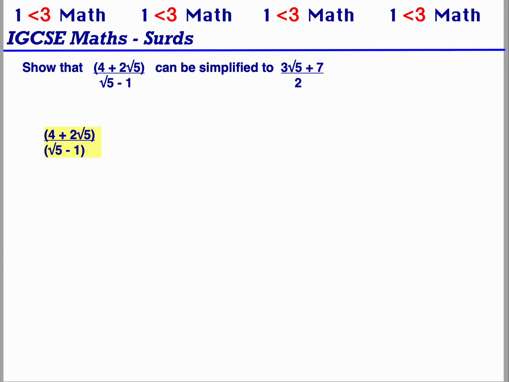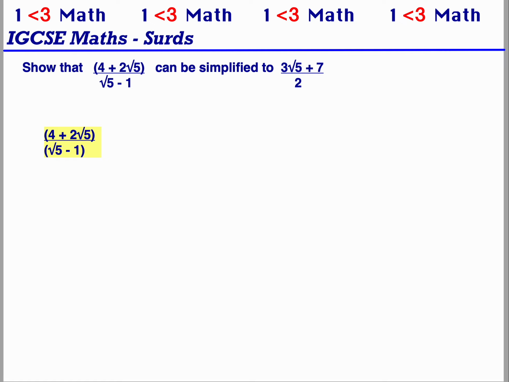Because it's root 5 minus 1, we need to multiply both top and bottom, which keeps it equivalent, by root 5 plus 1. And what will happen is this will eliminate the surd, the root on the denominator. If it was root 5 plus 1, we would times by root 5 minus 1. You'll see what happens as I go through this.